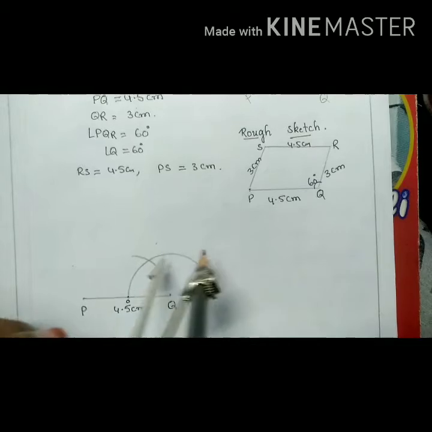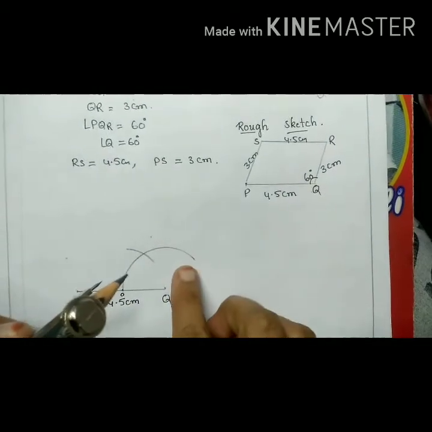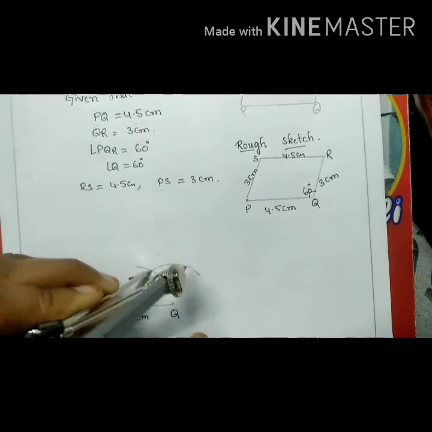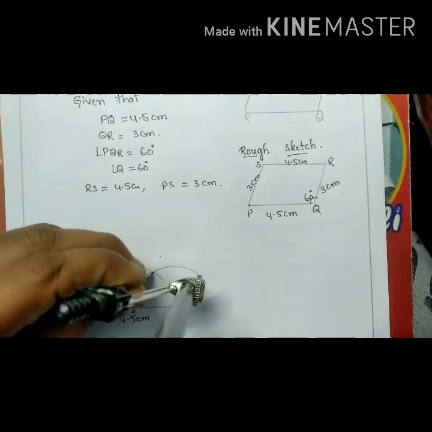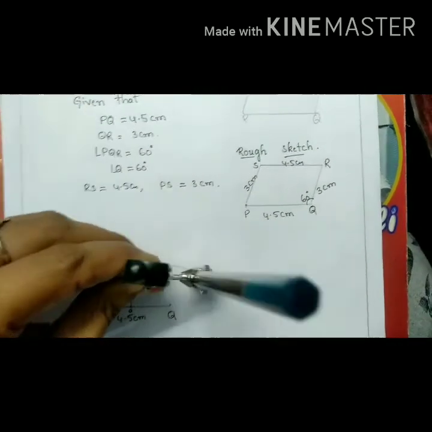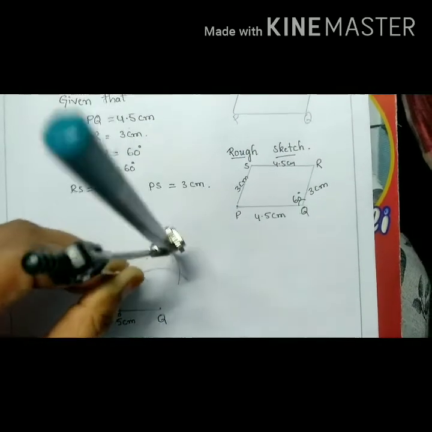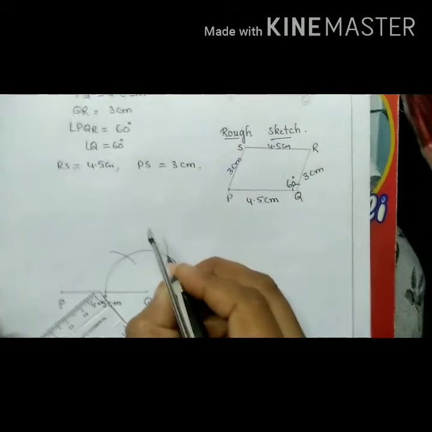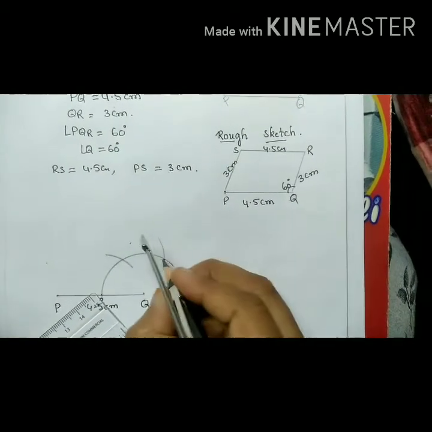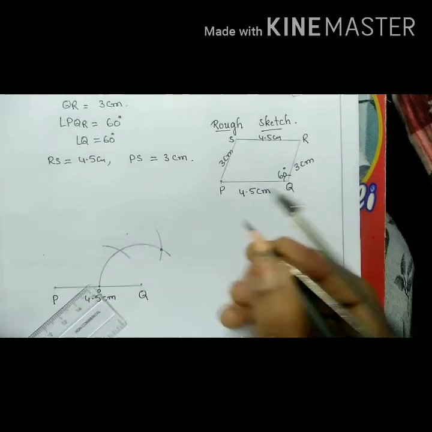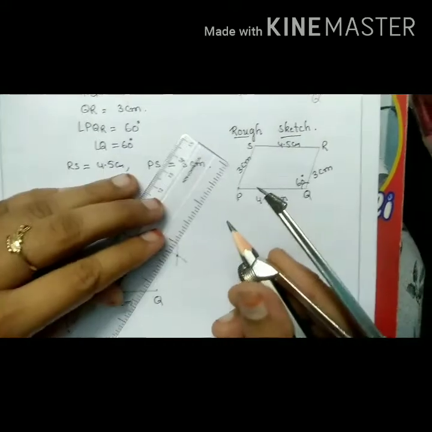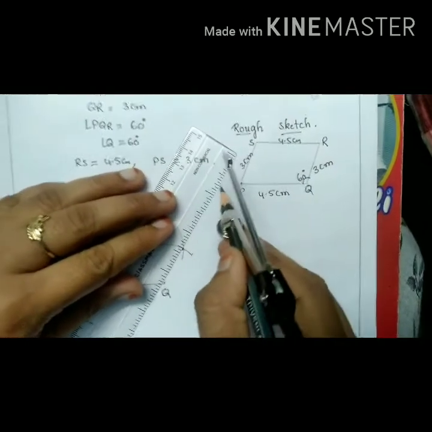With the same radius, the arc intersects at one point, and from that center draw another arc. Then the intersecting arcs cut the ray, so keep the point and draw the ray.